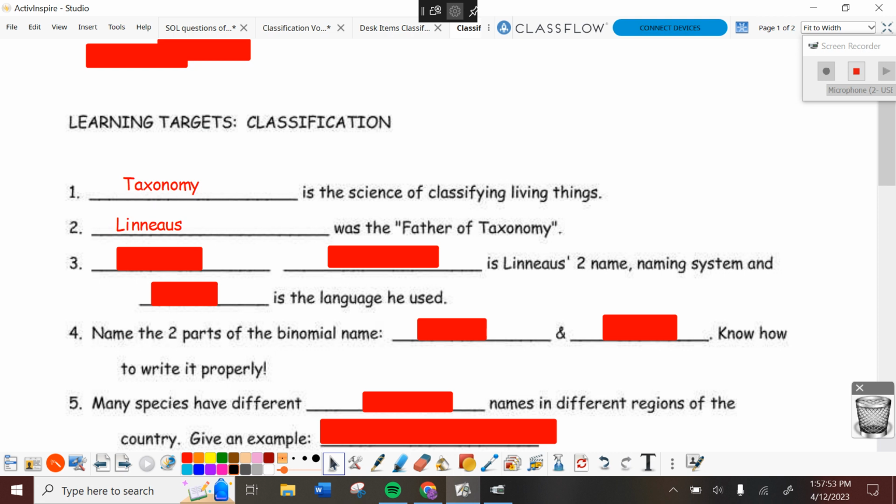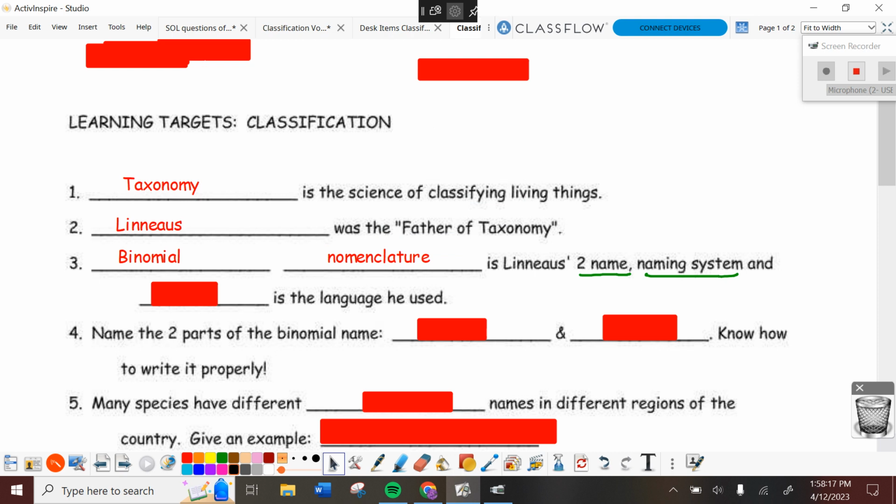All right, number 3. Blank blank is Linnaeus's two-name naming system. What word means to name, and then the other word is naming system? What language is that? Binomial nomenclature.